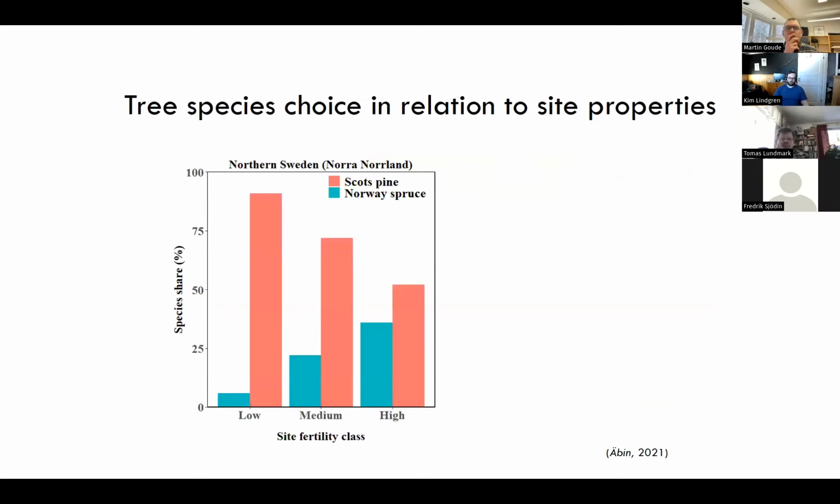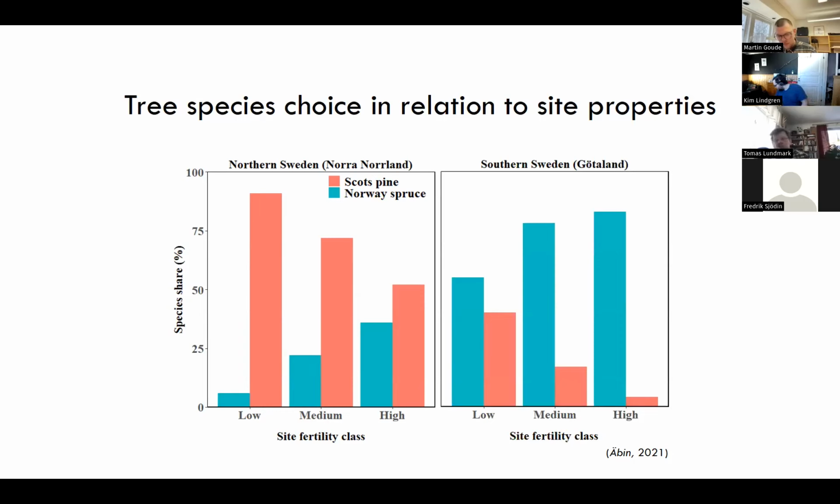this is the data from the Abbin inventory, where the stands are approximately at the age of first PCT, so approximately 15 years old. If we look at the region of northern Sweden, you can see that regardless of the site fertility class, Scots pine is actually the preferred species in regenerations across the entire range from low to high.